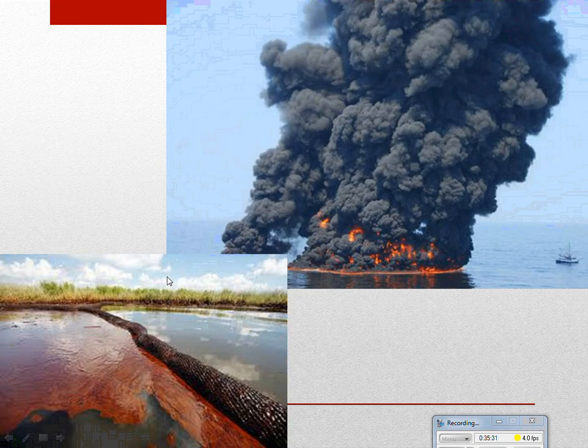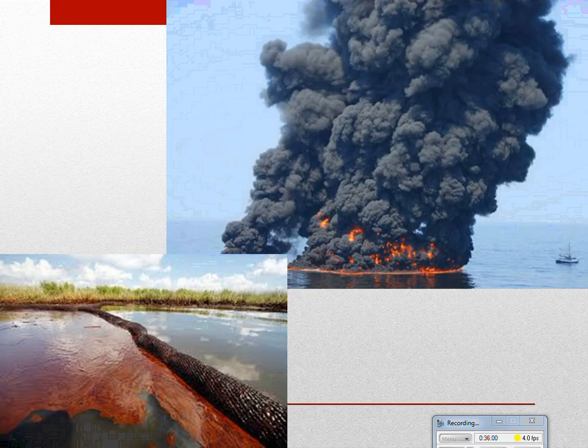There we go. These are some pictures of an oil disaster, the Deepwater Horizon oil rig disaster. This is the oil that washed up along the shores, and this is all the massive damage that was caused by gross negligence.